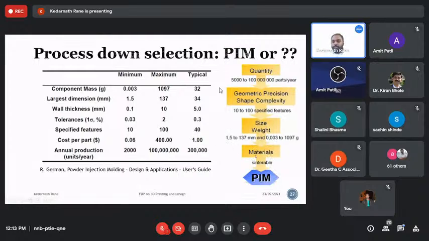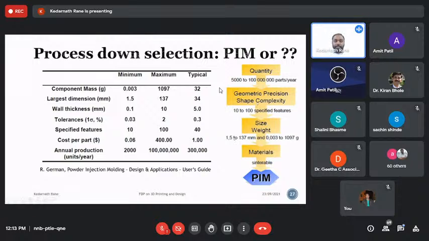And material, I should not consider as a down selection criterion, because most of the materials available in powder form can be sintered, and it is possible in MIM. But the major bottleneck to apply this process is quantity, okay, and size.